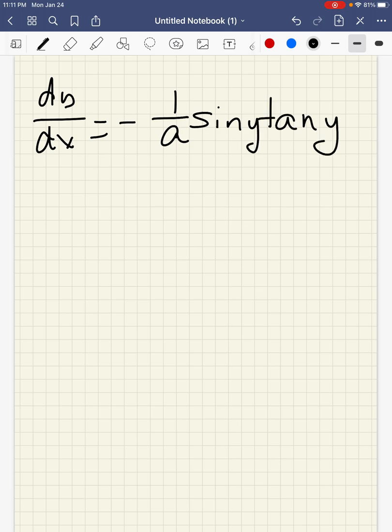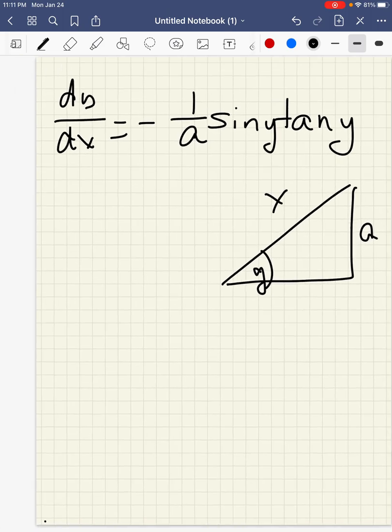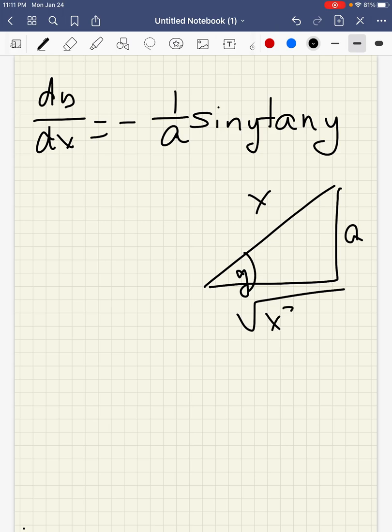And then we have to go back to the triangle that we just drew, which was y here, a and x, and then square root of x squared minus a squared.